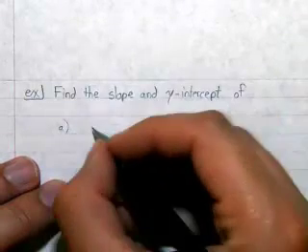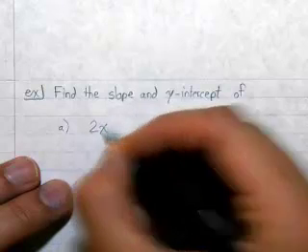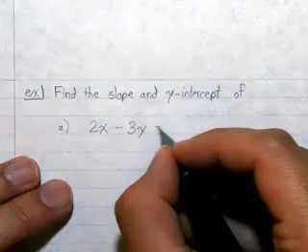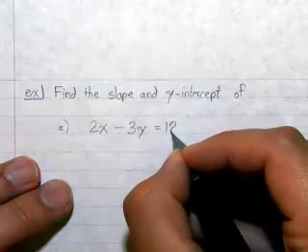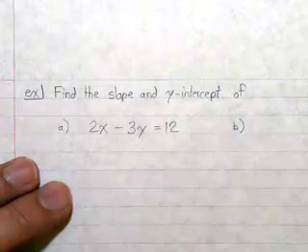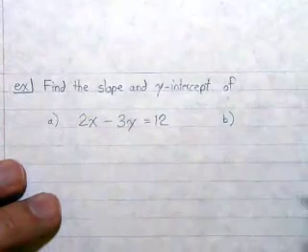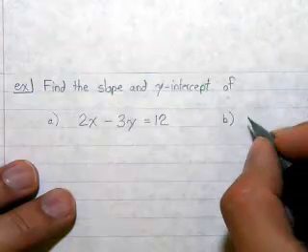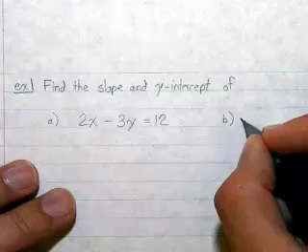So first one, we'll do it in standard form, 2x minus 3y equals 12. And then the second one, we'll do point slope form on that one.